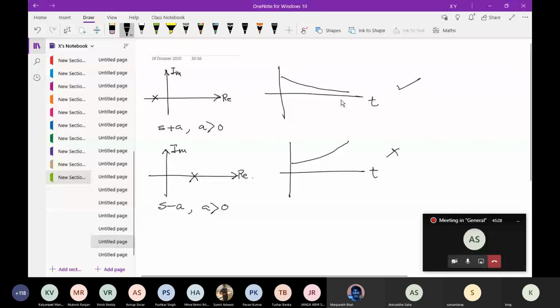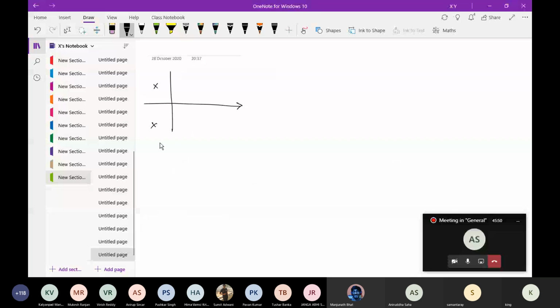Now, if you have roots like this, when we look at roots like this, both are having negative real parts.